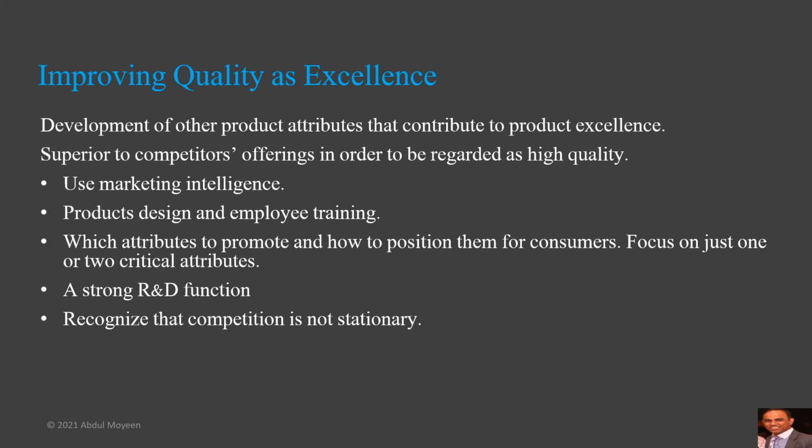In addition, a company can create quality as excellence by emphasizing attributes of the service associated with the product, such as ordering ease, prompt delivery, easy installation, the availability of customer training and consulting, and maintenance services.